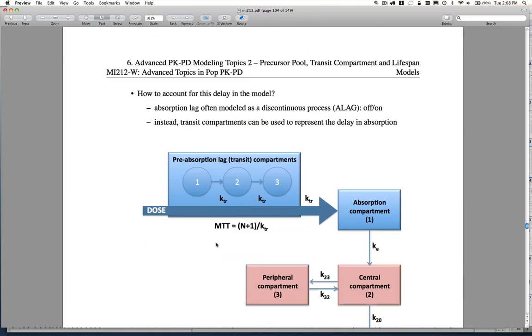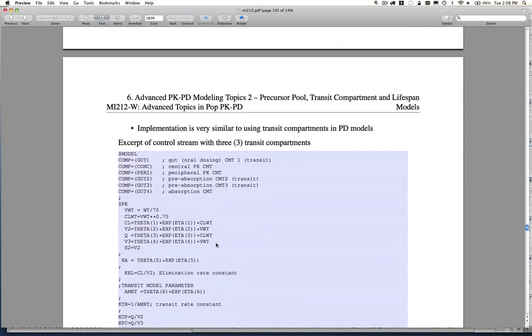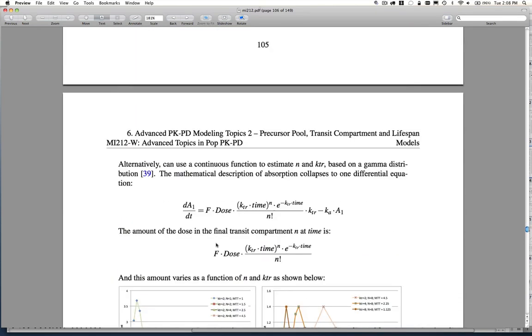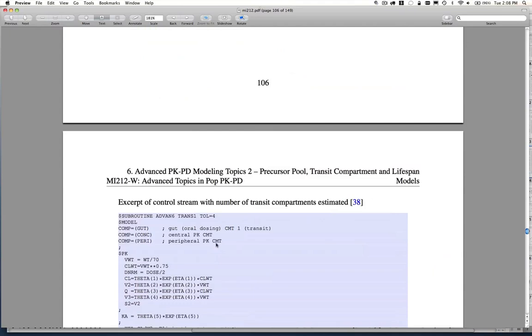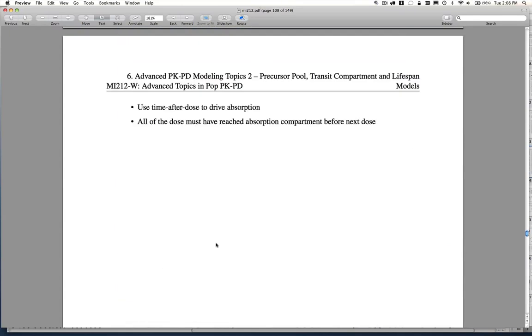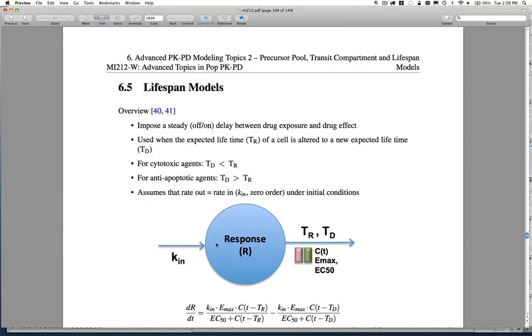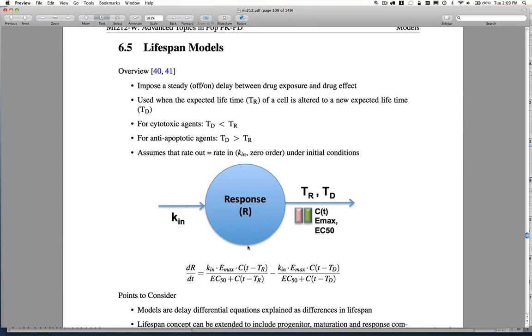With these lifespan models, it's more or less just an on-off switch: you've got absolutely no change in response up until that delay occurs in the differential equation, determined by the difference in time between, so T in this equation is your running clock time, TR is your normal response time, and then there's TD.